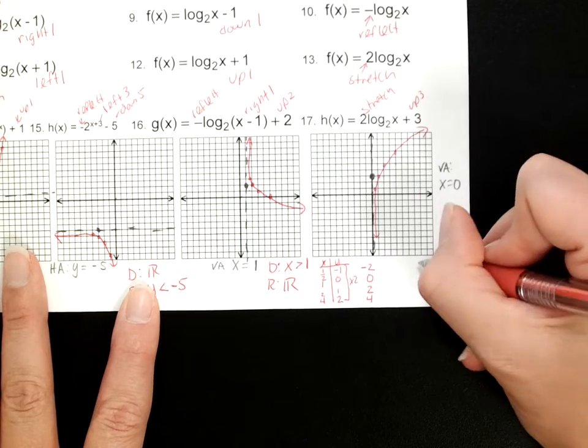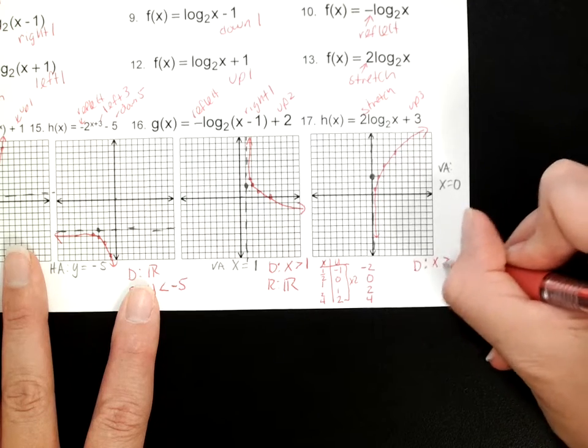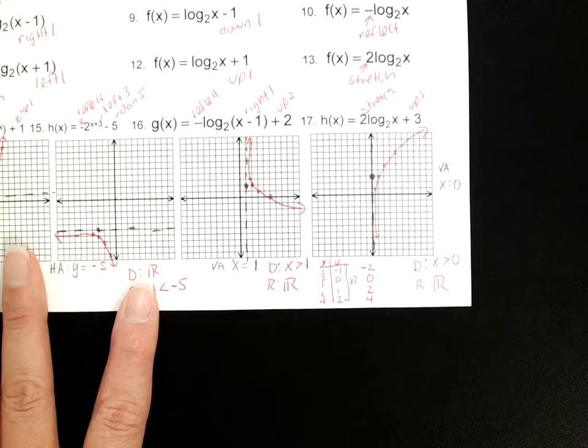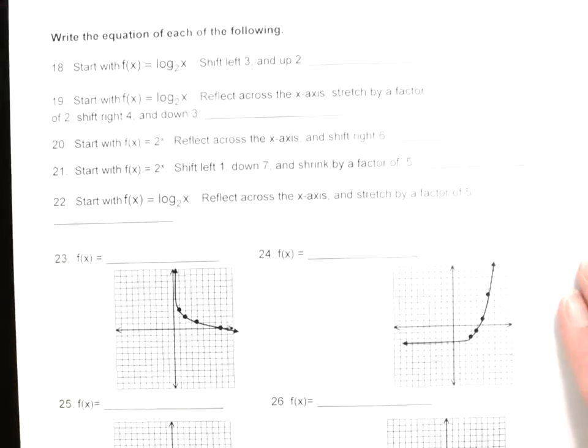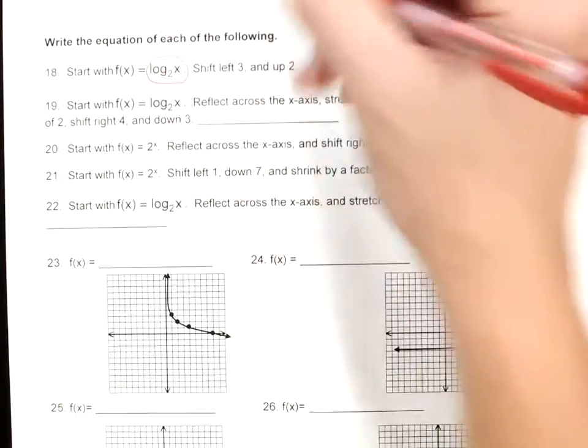Domain is x is still greater than 0, range, all real numbers. Flipping to the back, writing the equation from them telling you how to transform it. Not too bad. Start with a log equation.